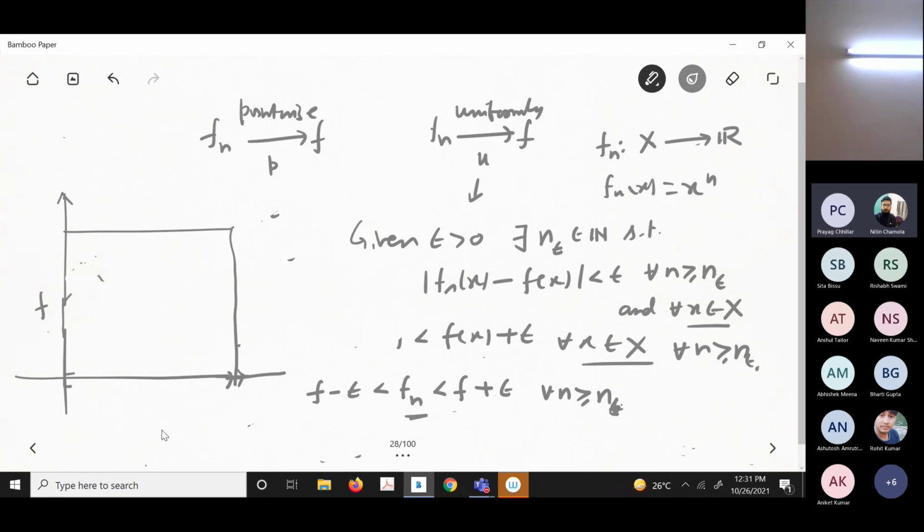So if you take f minus epsilon and f plus epsilon, it will look like this for x less than 1, and fn(1) is always 1. So 1 plus epsilon, this is 1, so this will be like this.